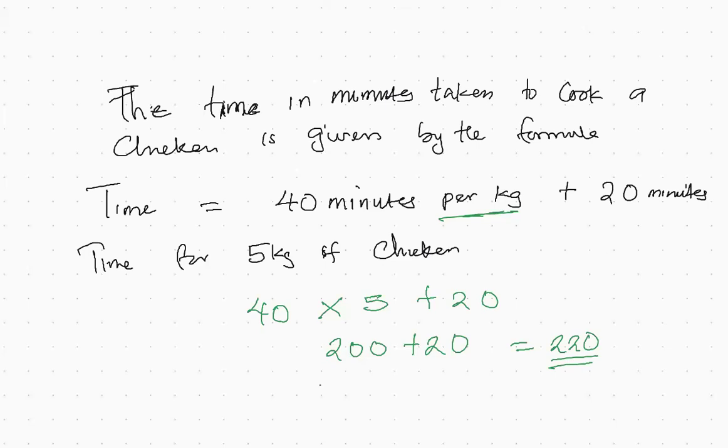So it's going to take 220 minutes to cook a 5 kg chicken, based on the formula that we were given.